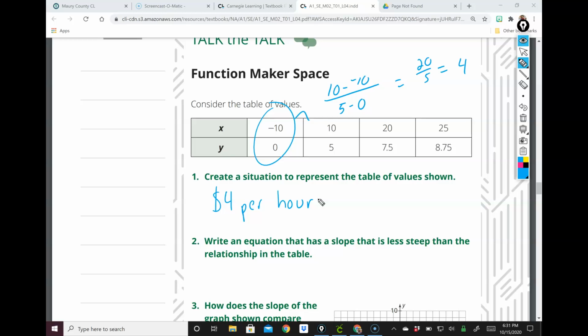Write an equation that has a slope that is less steep than the relationship in the table. Less steep. All right, so I've got a relationship of 4, so I could say that y equals, or f of x equals 2x plus 4 or plus 0, and that would be less steep or smaller than 4.